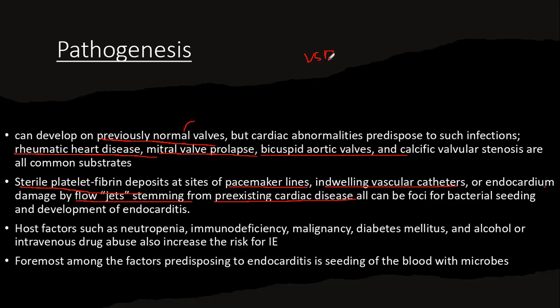Now, when you have a VSD, if this is the interventricular septum, and you have, say, a left to right shunt, this flow jet here will damage the endocardium, and that will lead to the formation of platelet fibrin deposits, okay? At first they are sterile, but those platelet fibrin deposits serve as foci for bacterial colonization and development of endocarditis.